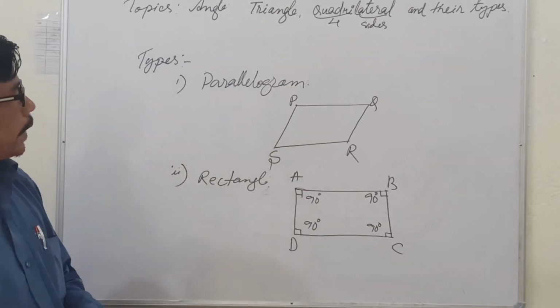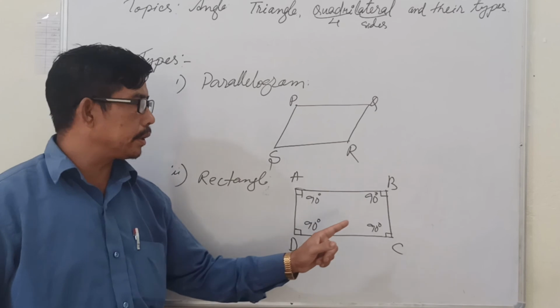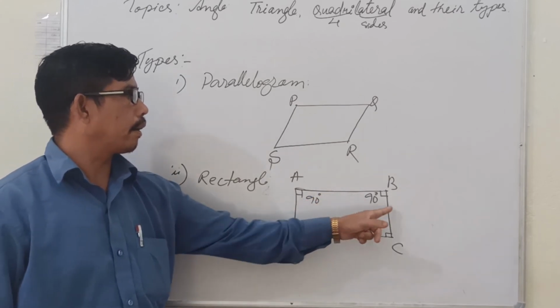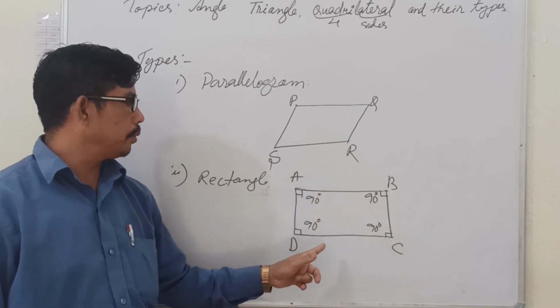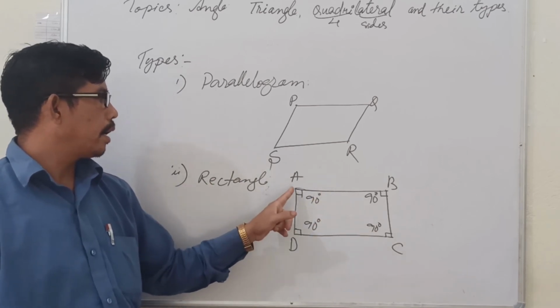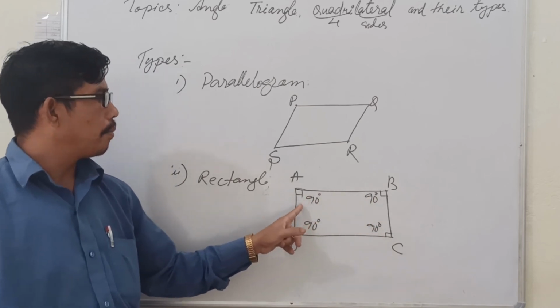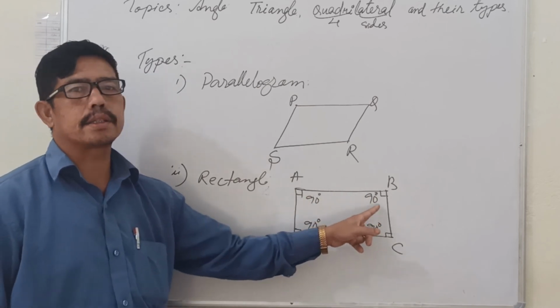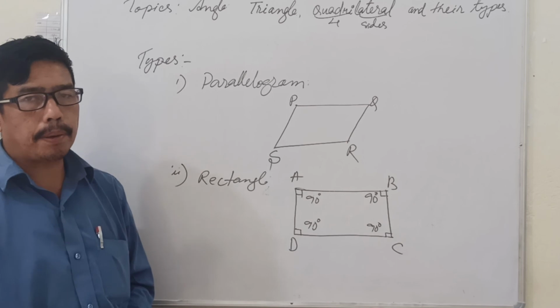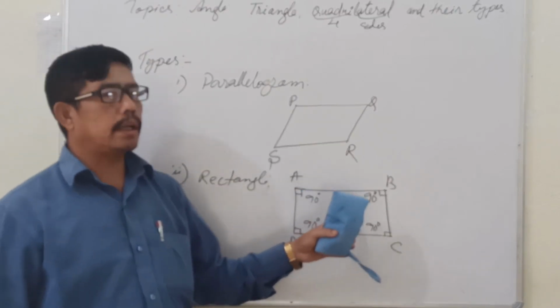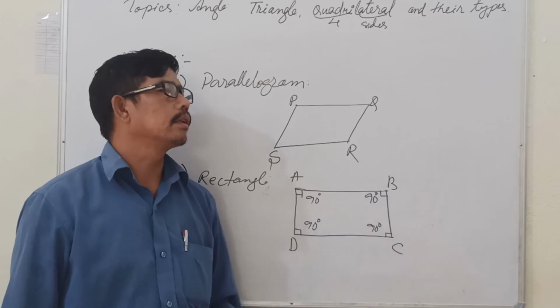So a rectangle is a quadrilateral in which the opposite sides are parallel, and having all the four angles 90 degrees.